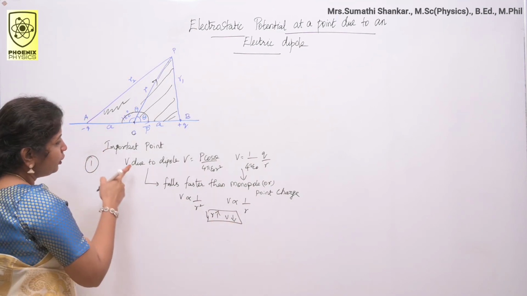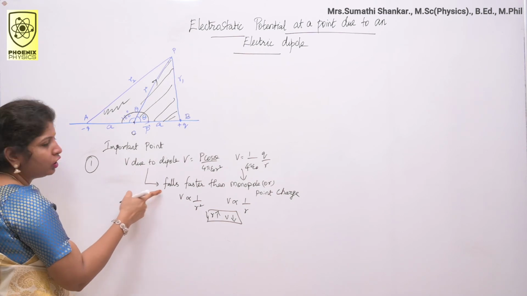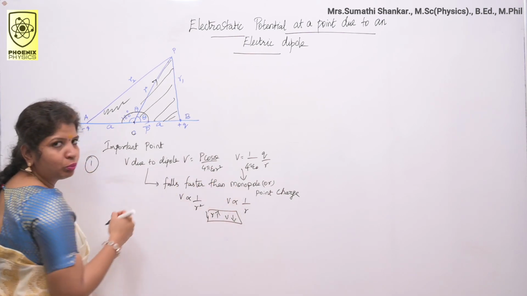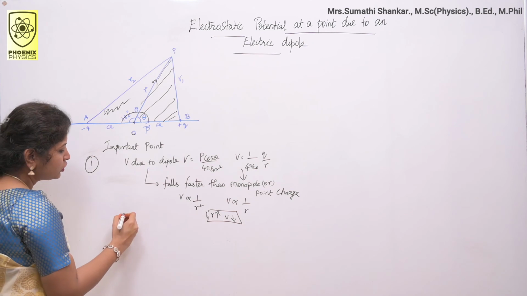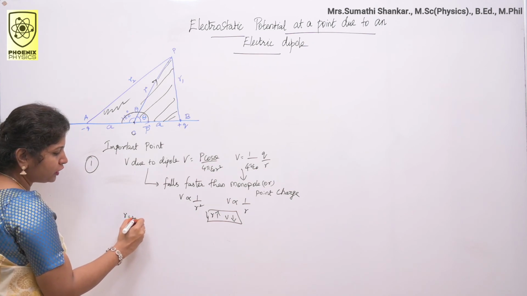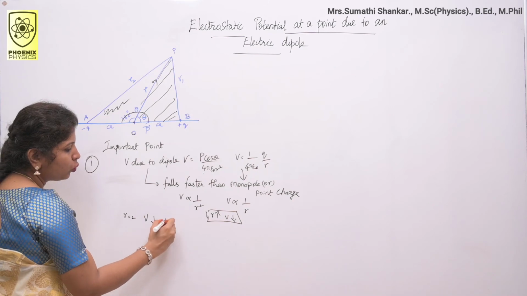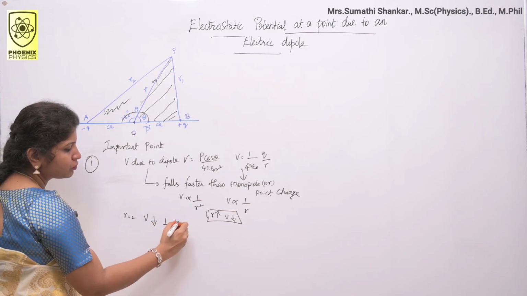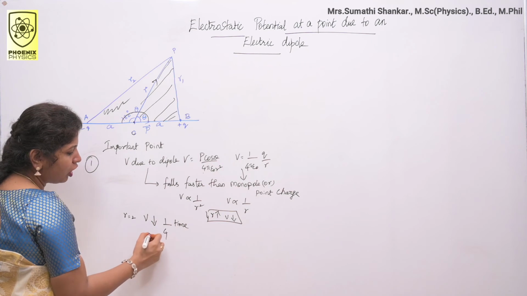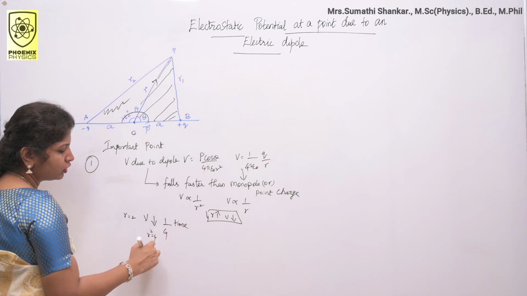But potential due to dipole falls faster than monopole. What is the meaning? Suppose R is equal to 2, here V decreases 1 by 4 times. Why? Because I have R square, R square means 4.